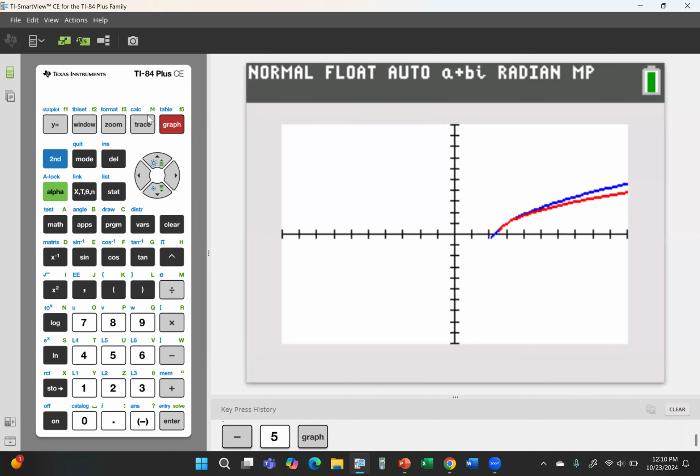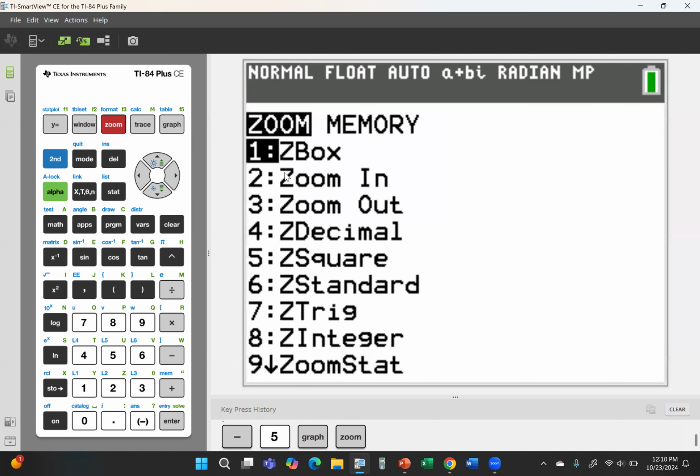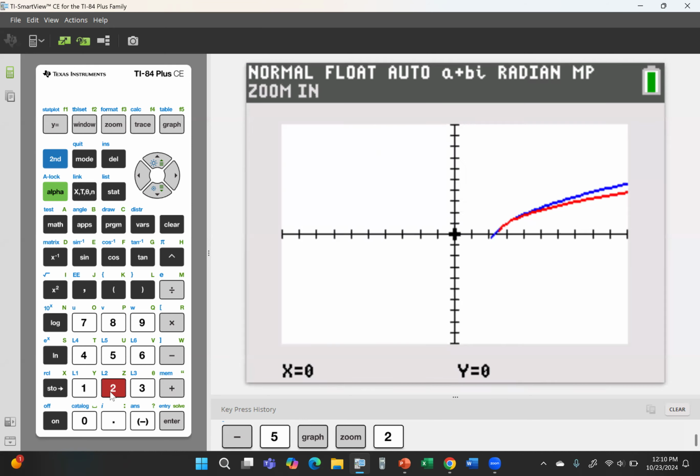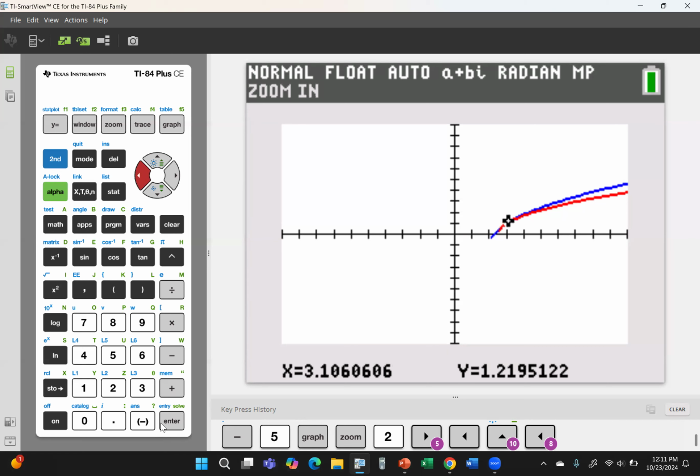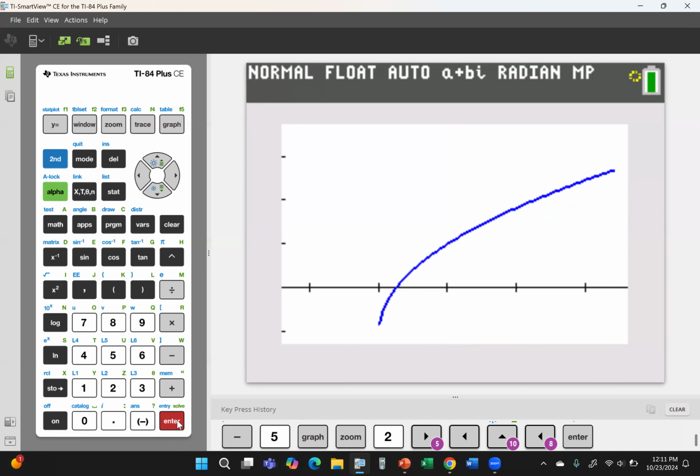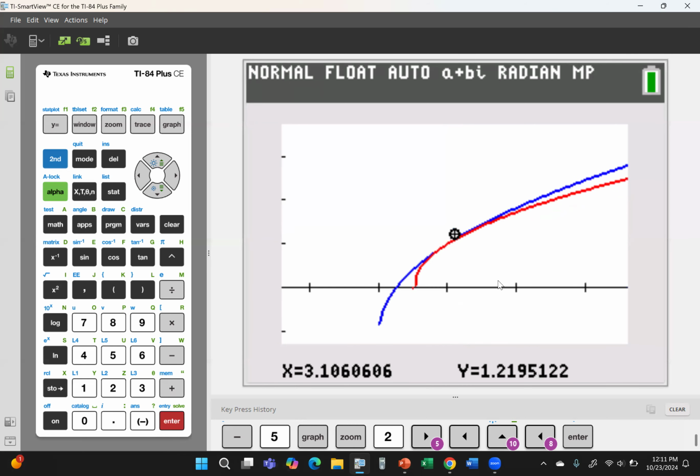So I'm going to zoom in, zoom number 2, right around that place. Yes, it is at 3.